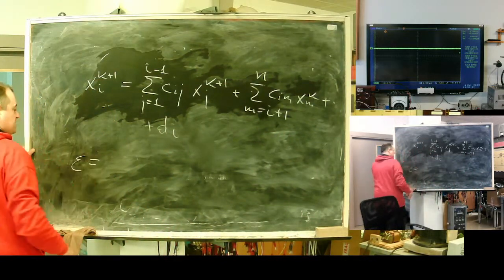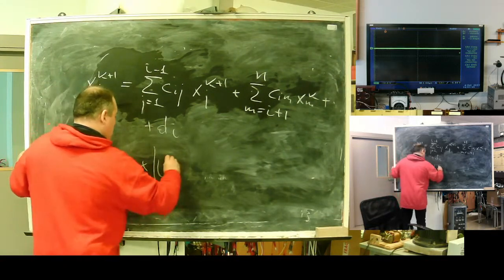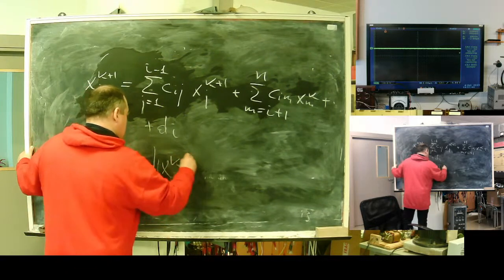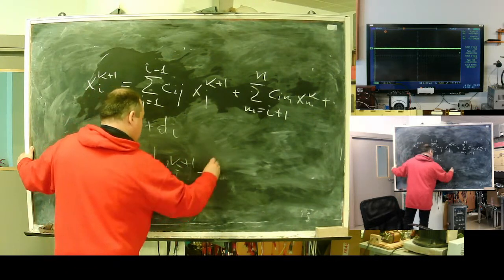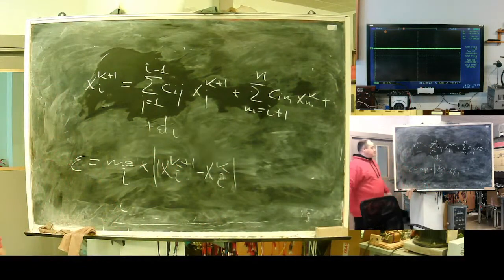Precision you can estimate as the max over i of the maximum absolute difference between x next i and x previous i.